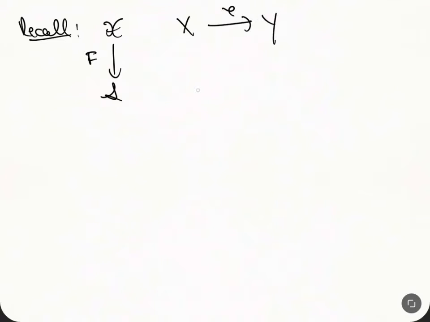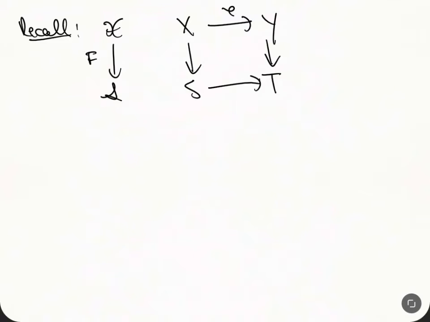So here's another condition you can impose. So recall that if we have categories like this, where we have a functor here, let's call this one F. Okay, we can look at a diagram here in X. It goes down to something in S, and we can look at a functor.